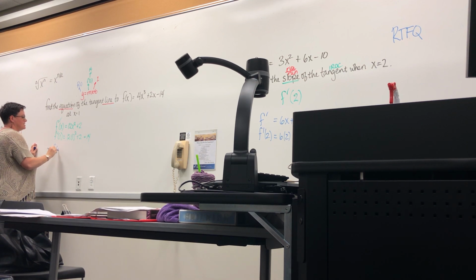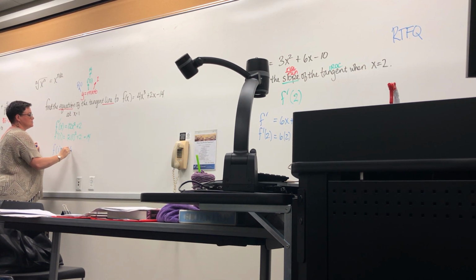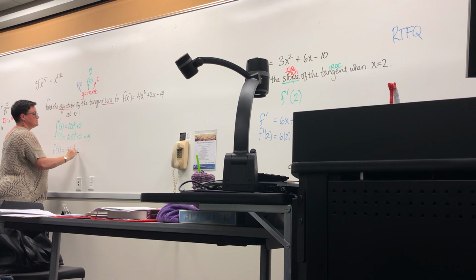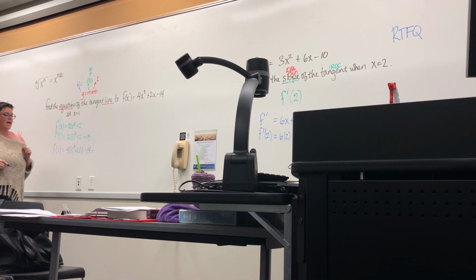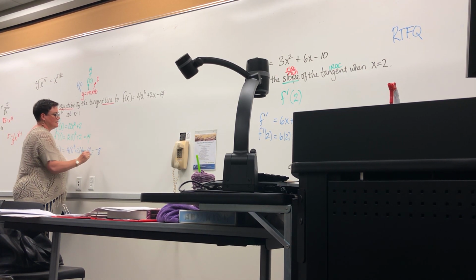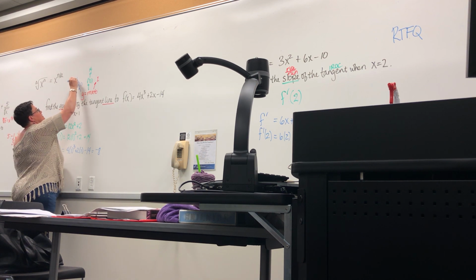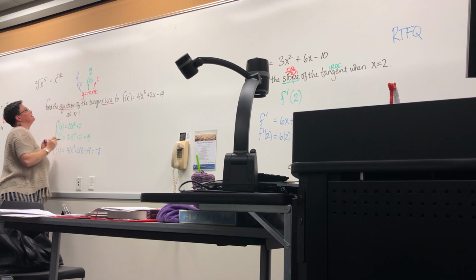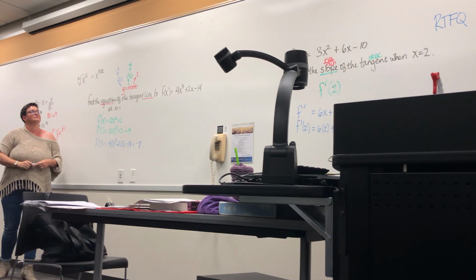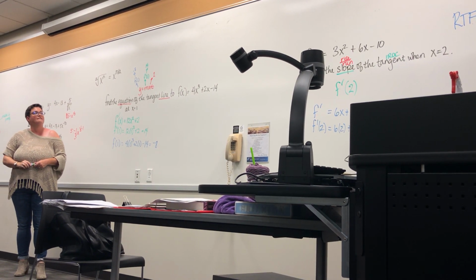So let's do that. What is f of 1? 4 times 1 cubed plus 2 times 1 minus 14. Yeah, negative 8, thank you. Sorry, I was still working on it. I was getting the y. So now I have everything except b.